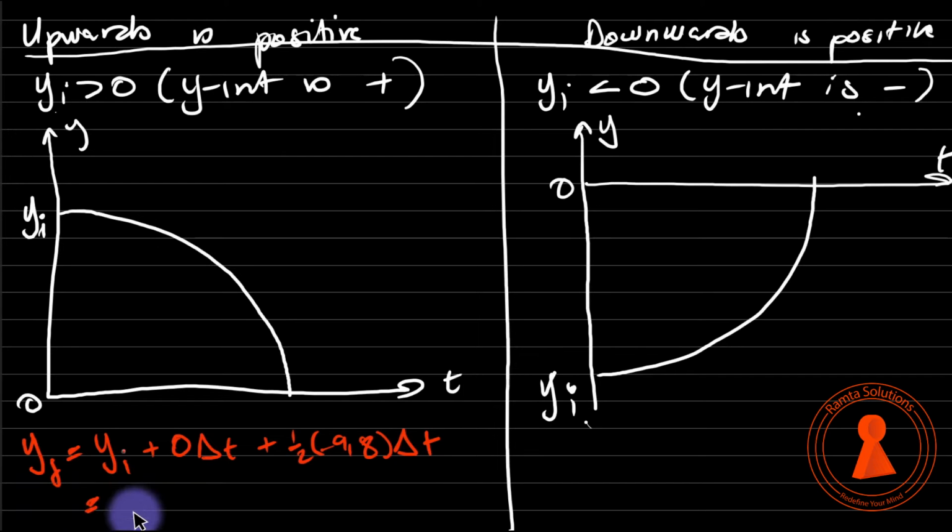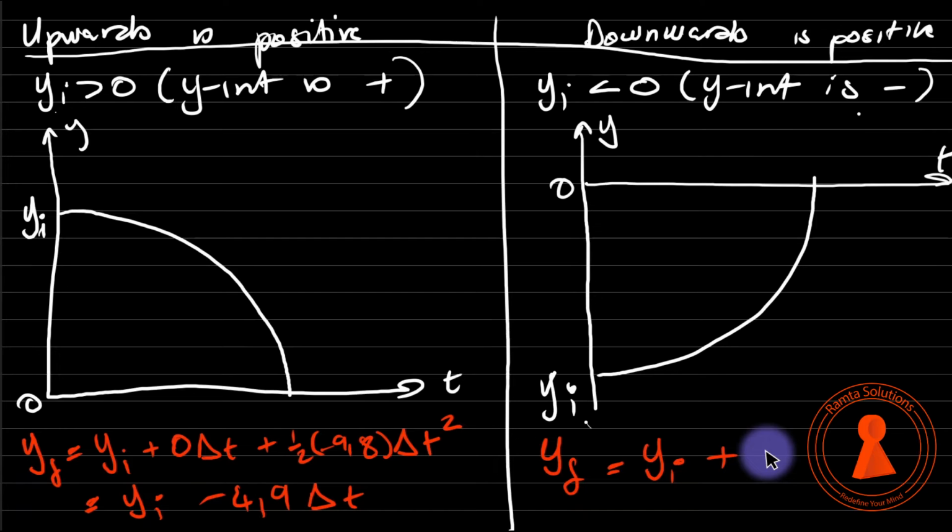So this must be y initial minus 4,9 delta t squared. And obviously this other one must be y final equals y initial plus 4,9 delta t squared.